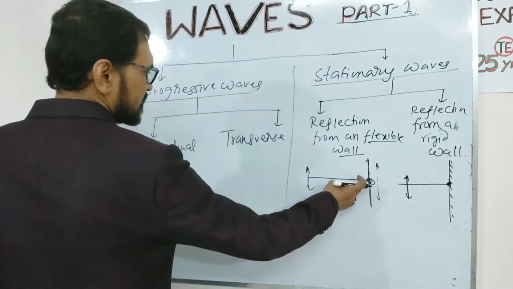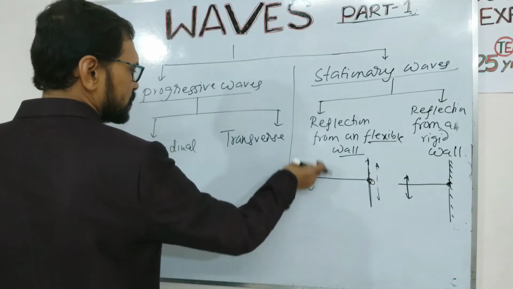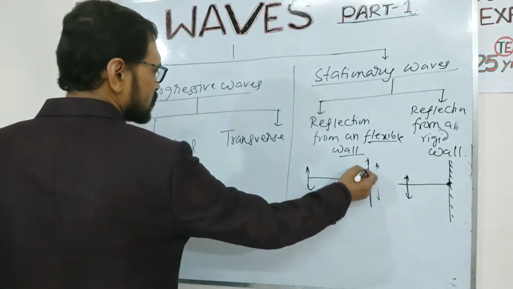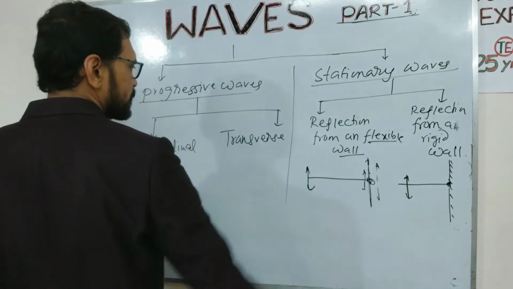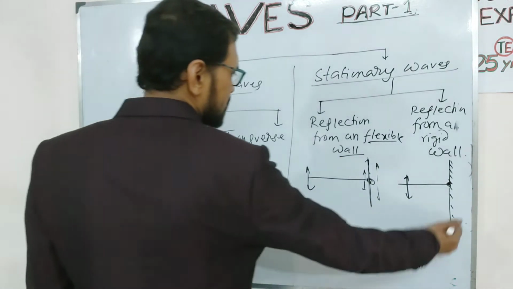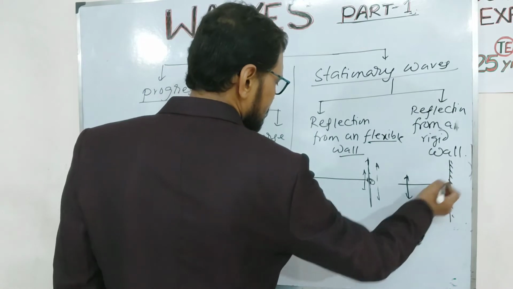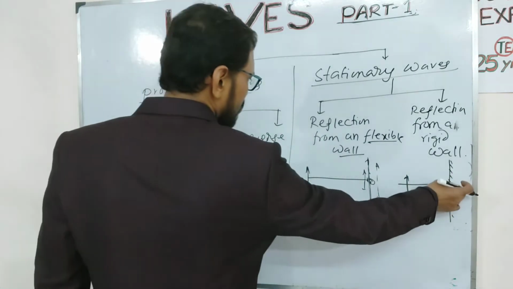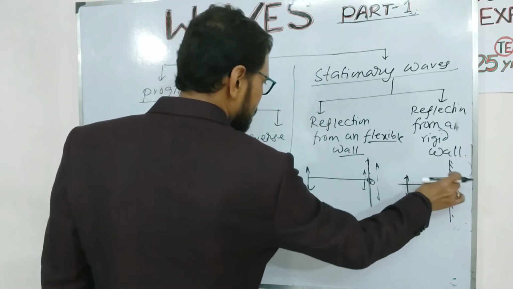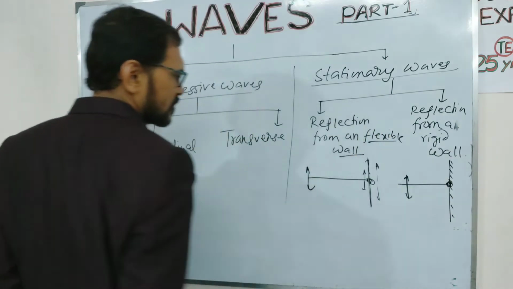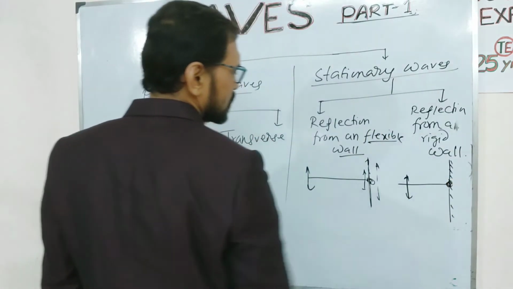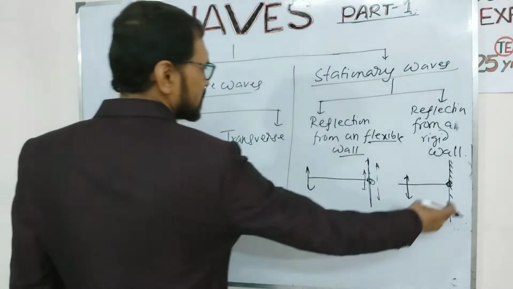If the ring is connected through the support and you oscillate this, then the ring also will oscillate. This is called a flexible wall. And if the string is rigidly fixed, it will not move. This end cannot move. So this is the rigid wall.